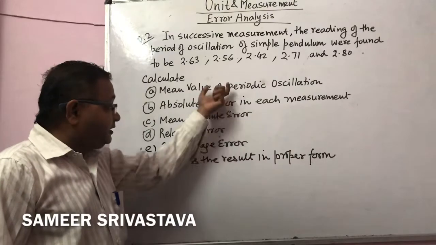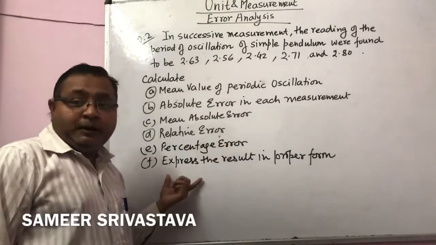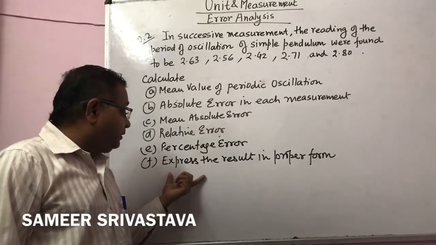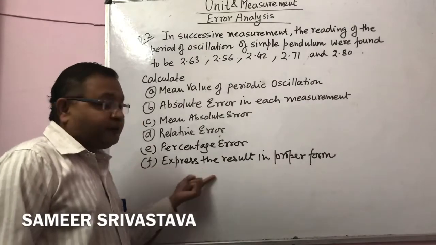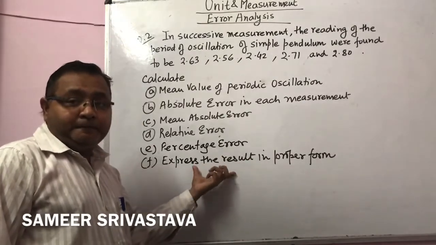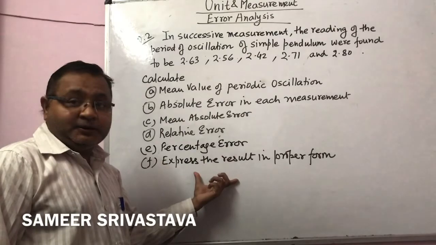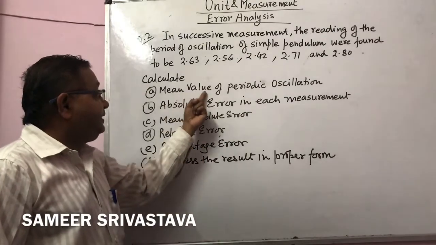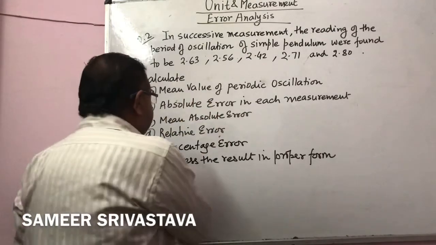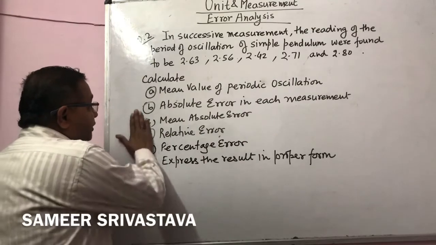After finding all these values, I am going to tell you how to make a proper form for the measurement. Okay. Now start from the mean value of periodic oscillation. The first is the mean value of periodic oscillation.